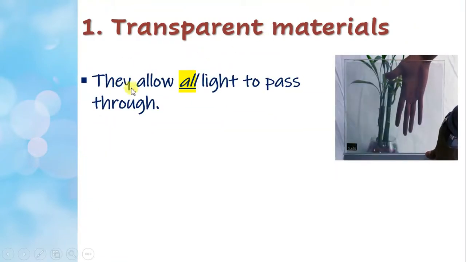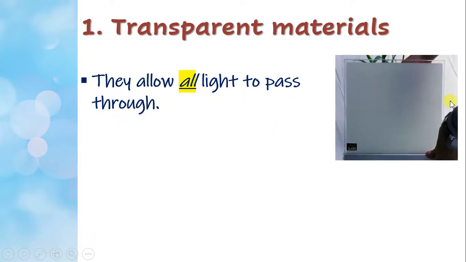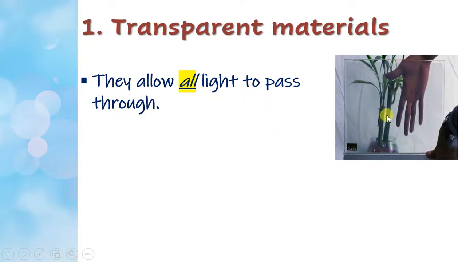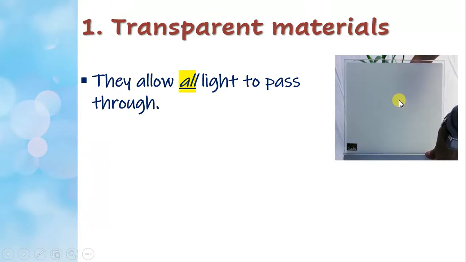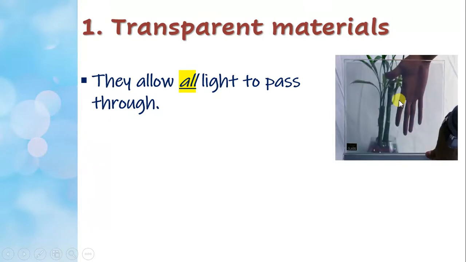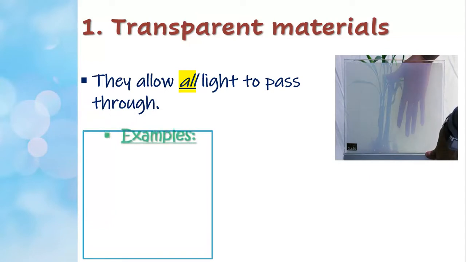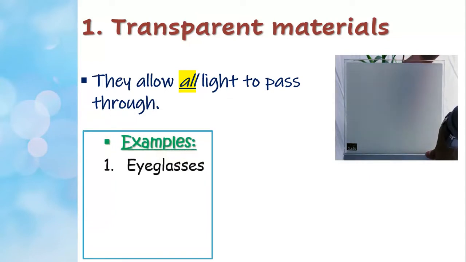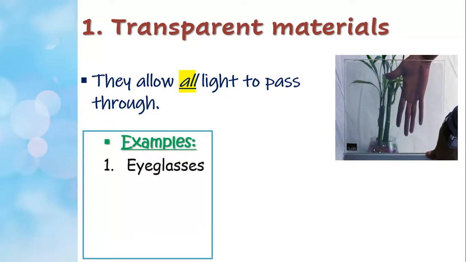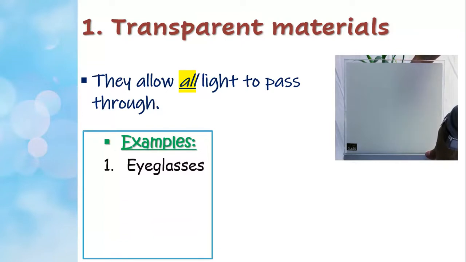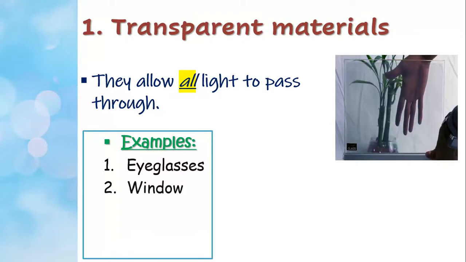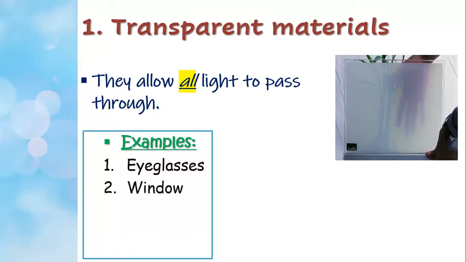Transparent materials allow all the light to pass through, so they transmit all the light that passes through them. Examples of transparent materials are eyeglasses, which allow all the light to pass, so we can see through the eyeglasses. The windows allow all light to pass through.